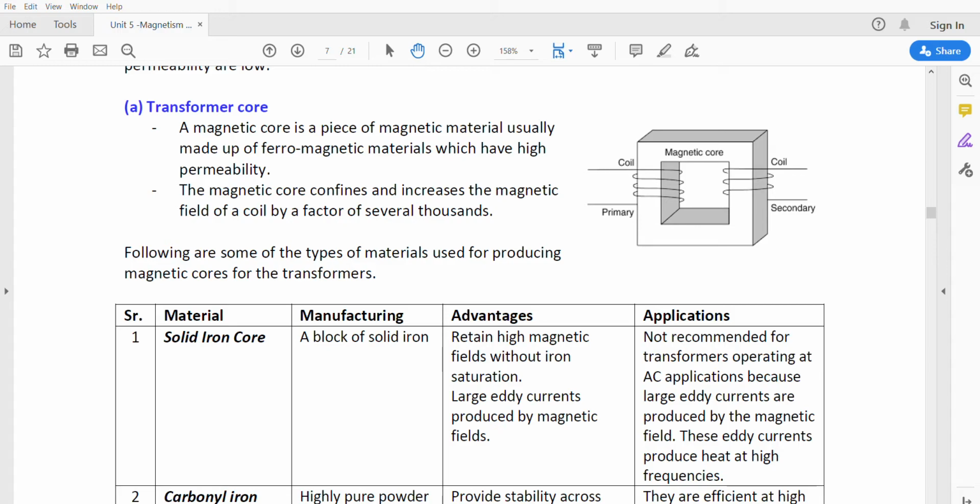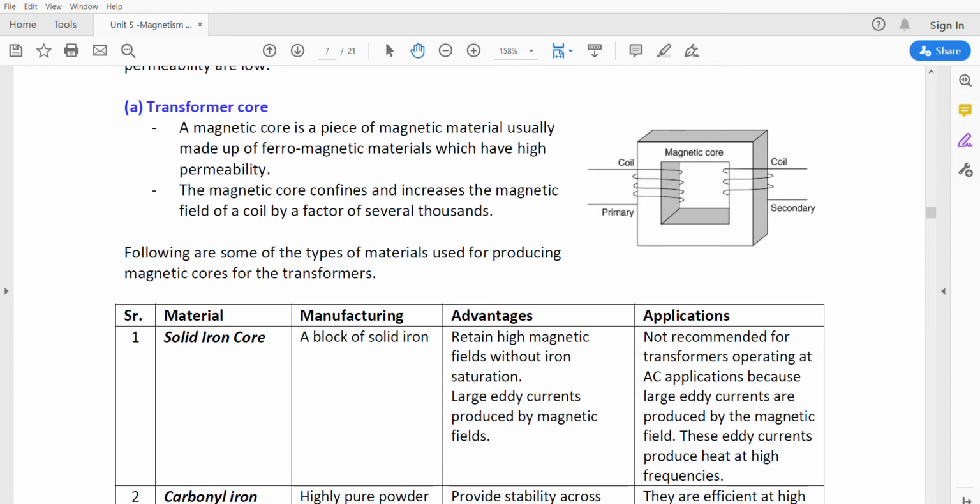But large eddy currents are produced by the magnetic fields. Its applications are not recommended for transformers operating at AC applications, because the large eddy currents produce heat at high frequencies, and it may damage the device.